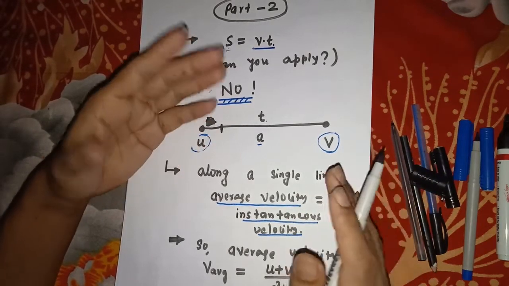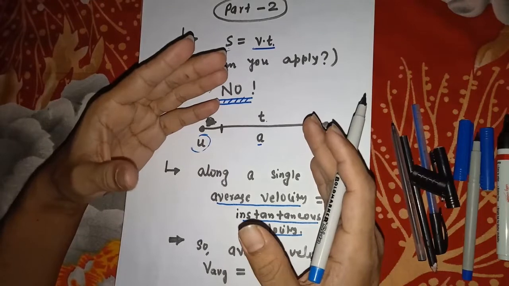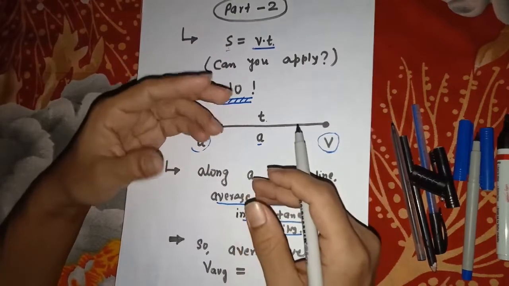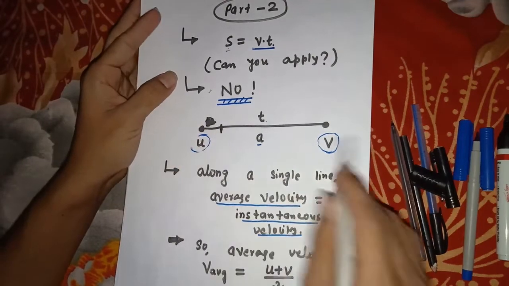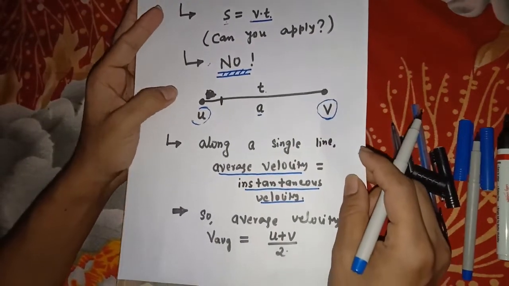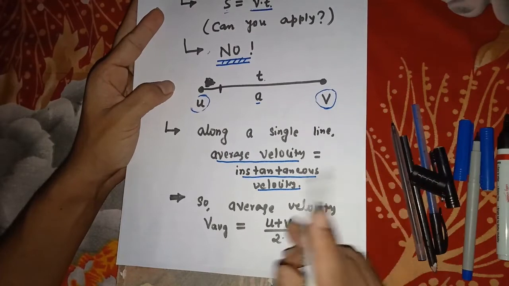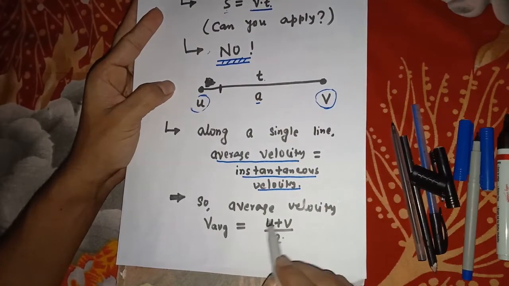And you know that average means sum of data by number of data. So in the whole journey, average velocity must be the sum of data by number of data, u plus v by 2.